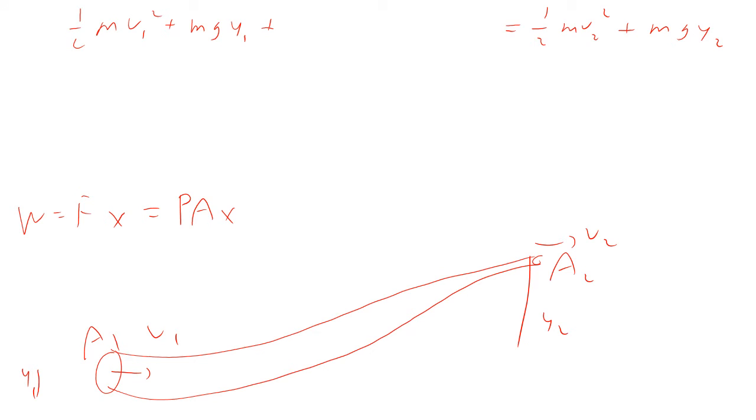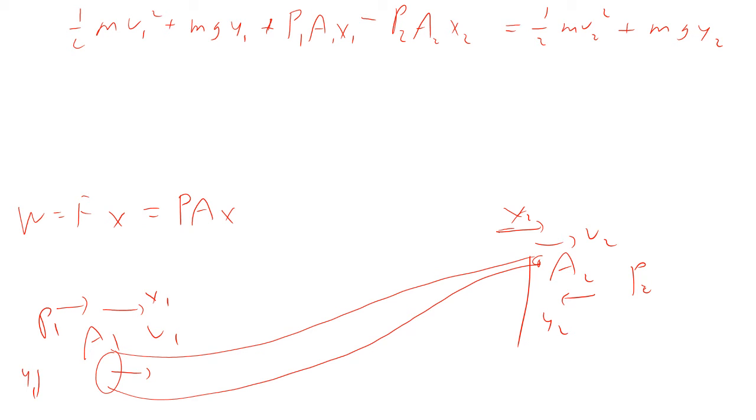So we would have some pressure down here pushing on it. So that's pushing P1, A1, X1. So it goes some distance X1 in a certain amount of time. Well, it comes out some X2 up here, over some area 2. But if there's any pressure up here, that's pushing back. So that's going to be negative or minus P2, A2, X2.